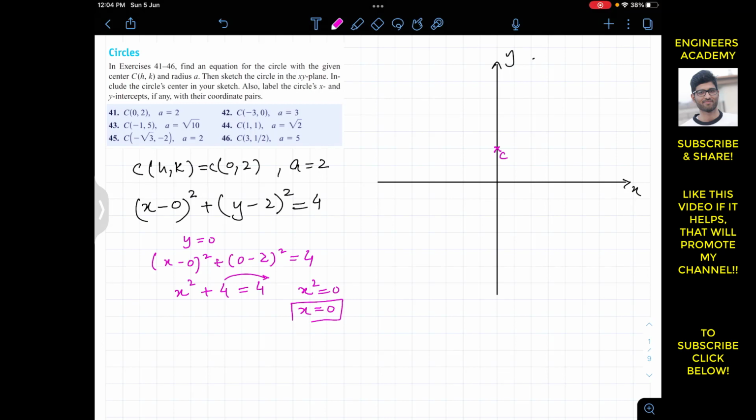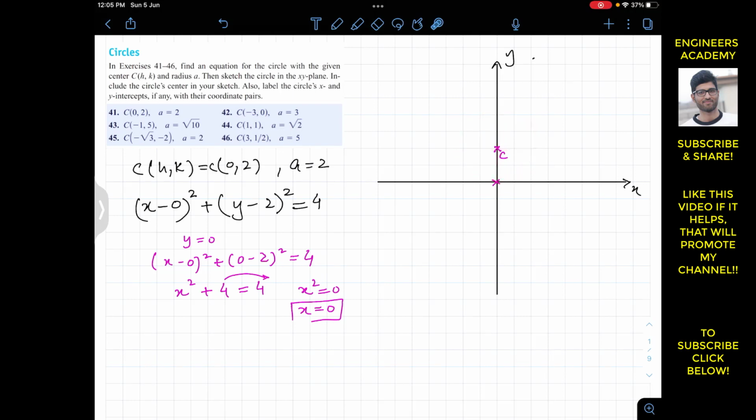So this means that the circle will pass through the origin. In other words, we know that this is the center and the radius is 2, so from this center we need to move 2 units in this direction, 2 units in this direction, 2 units in this direction, and 2 units in this direction. So the circle will pass through all these points, and that circle is going to pass through the origin.